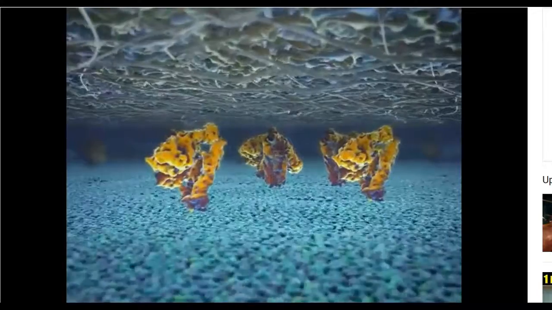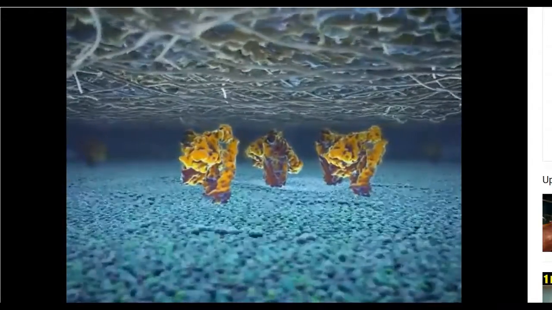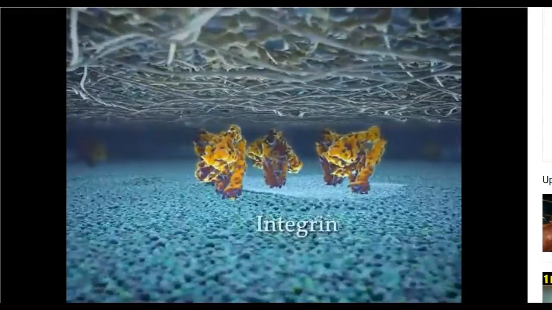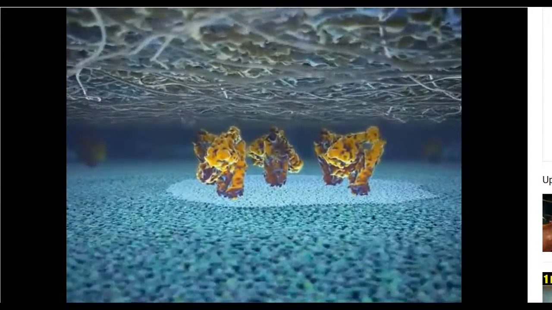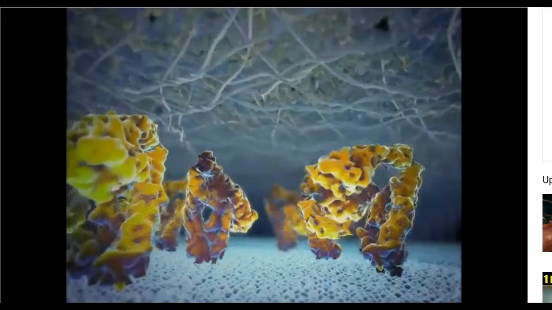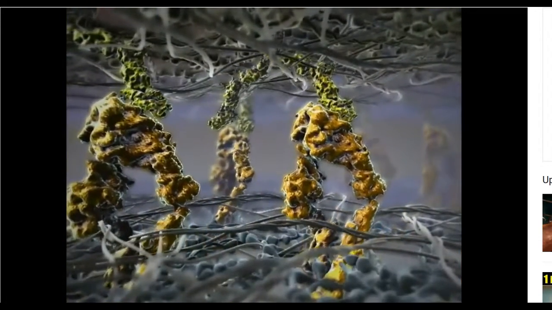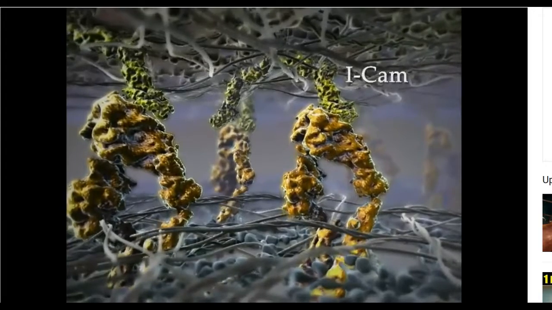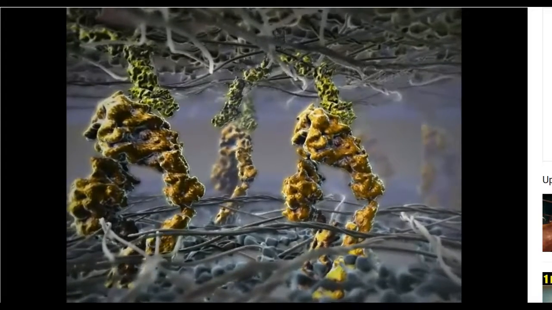These always remind me of transformers. See the raft? Again, they're specialized proteins. Integrin is a type of protein. And they're going to help with the movement and communication of that cell with another cell.